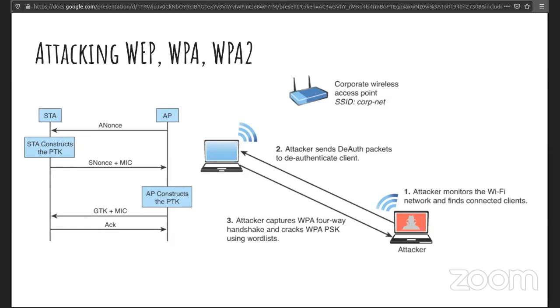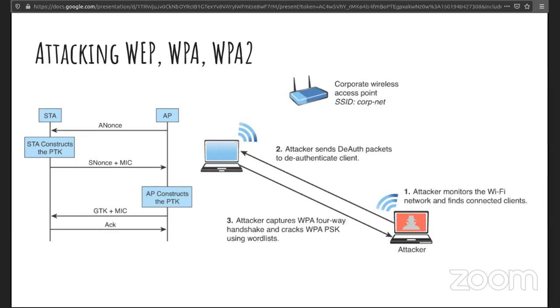In WEP, you would take the initialization vectors coming out from devices and put them together. You get enough of them together to figure out the password. And Aircrack did a great job of just running it, watching it collect enough IVs together, and it would figure out the password.